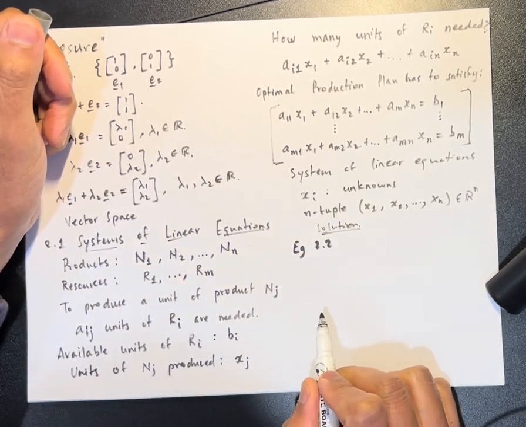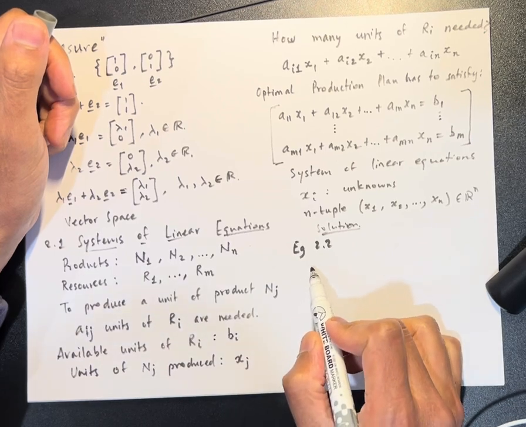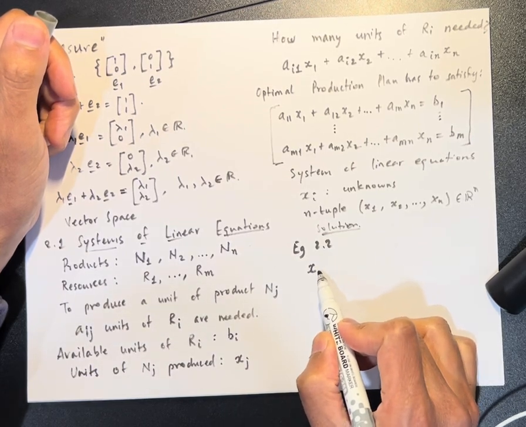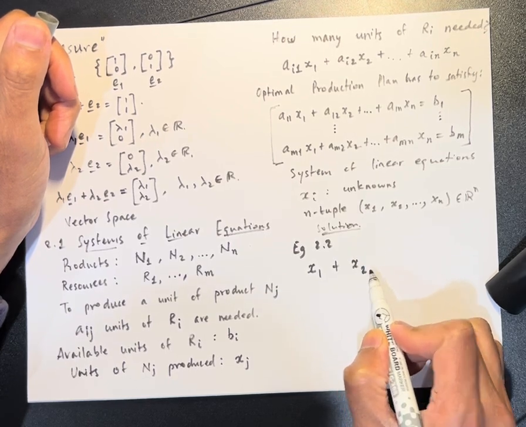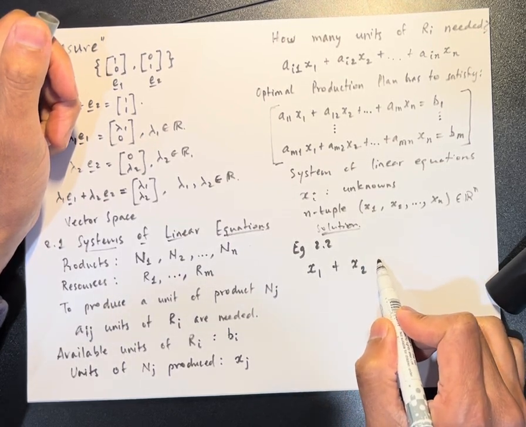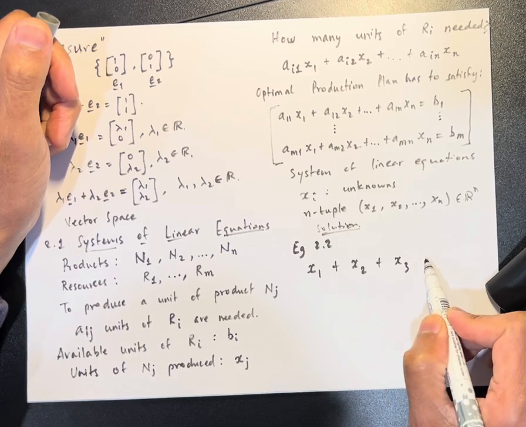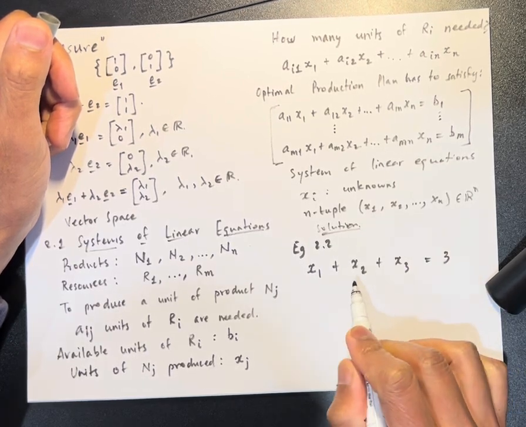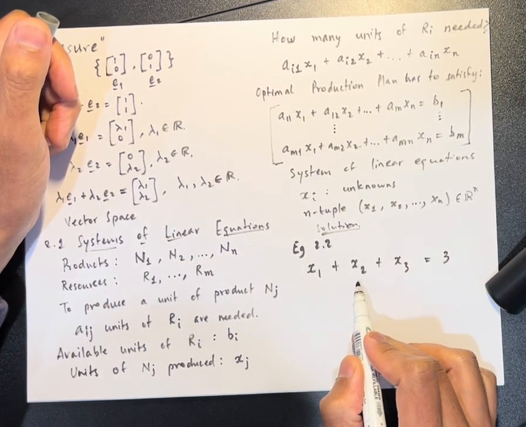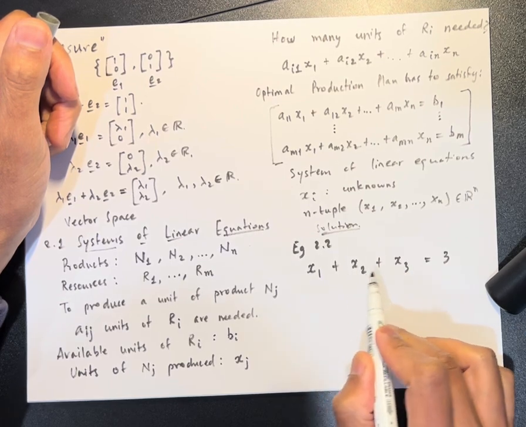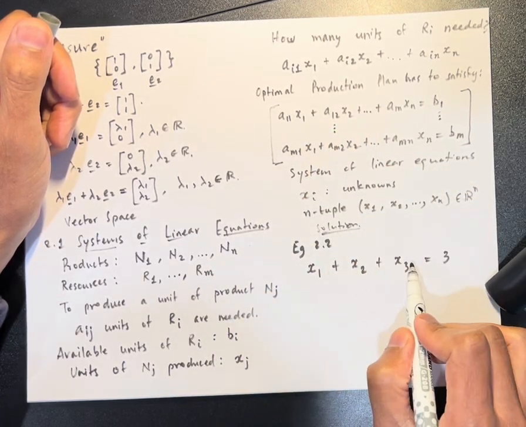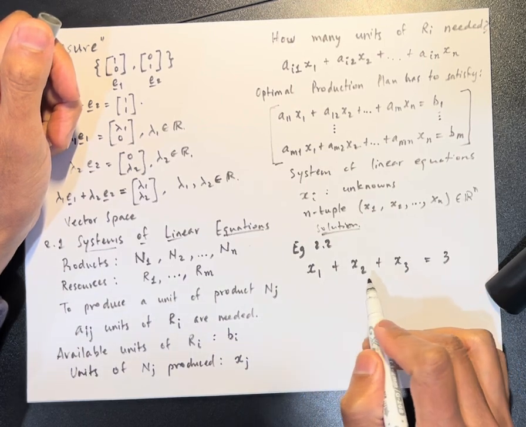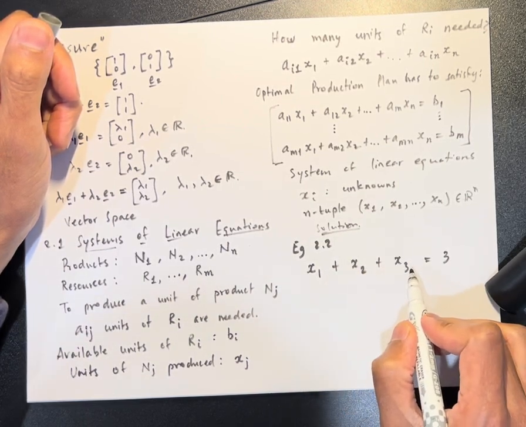in the book, and it goes like x1 plus x2 plus x3 equals 3. In this case, drawing an analogy, there are three products, since just looking at this one, there are only x1, x2, x3.